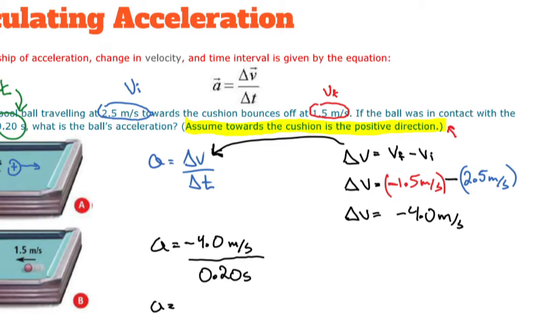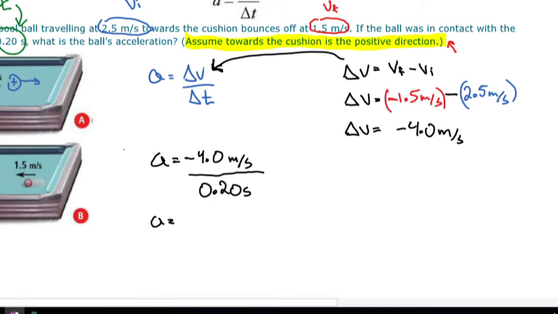So 4 divided by 2 is going to give me 2, but it's 4 divided by 0.2, so it's going to give me 20. Negative 20 meters per second squared. And this is the unit for acceleration, meters per second squared, because we have meters per second divided by seconds. So it's like meters per second per second.